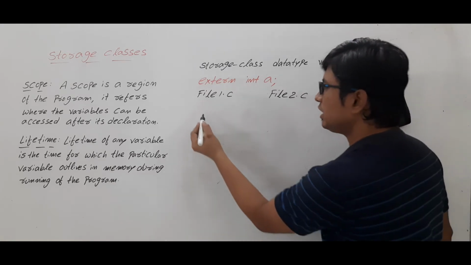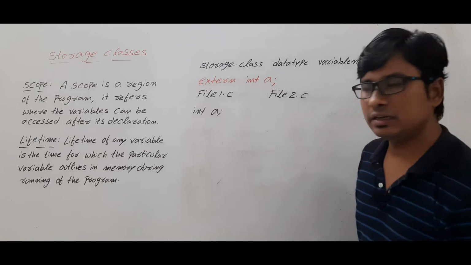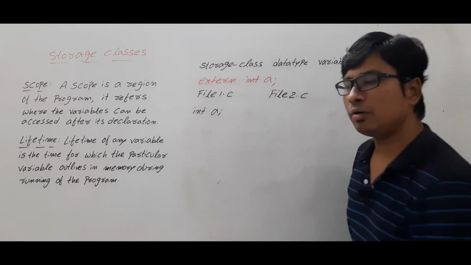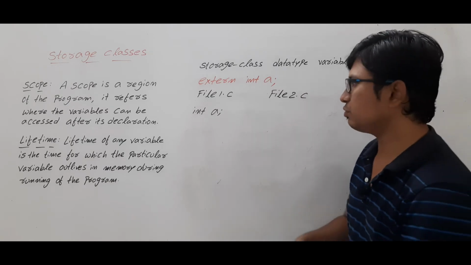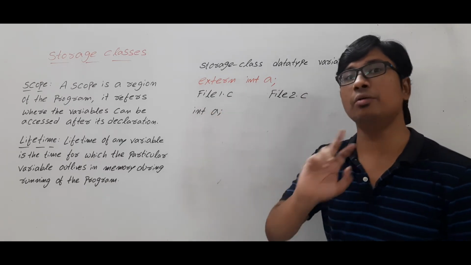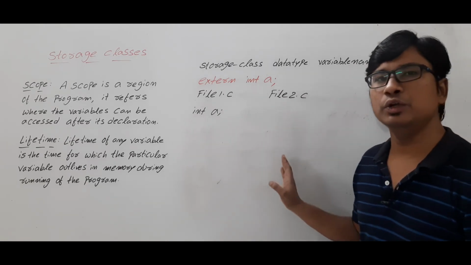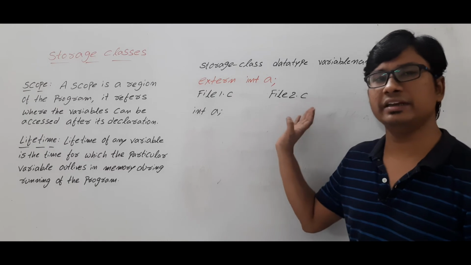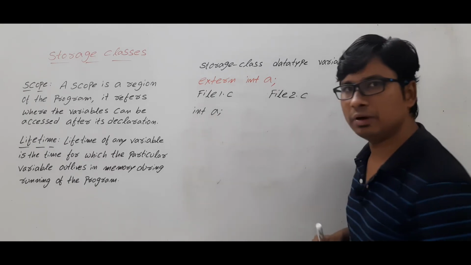Now in file1.c I have declared a variable a, which is a global variable. Remember one thing: if you want to access this variable in another file, this variable should be a global variable. Then only with the help of the extern keyword can you access this variable in another file. So the first thing is that this variable should be a global variable.